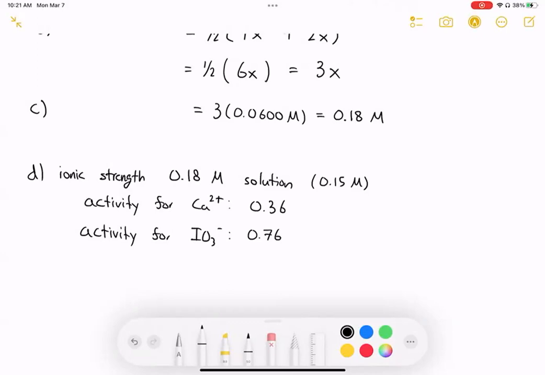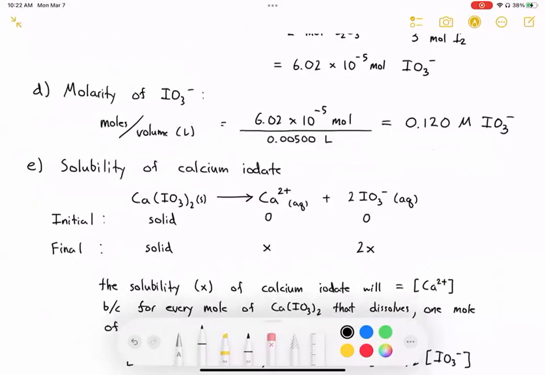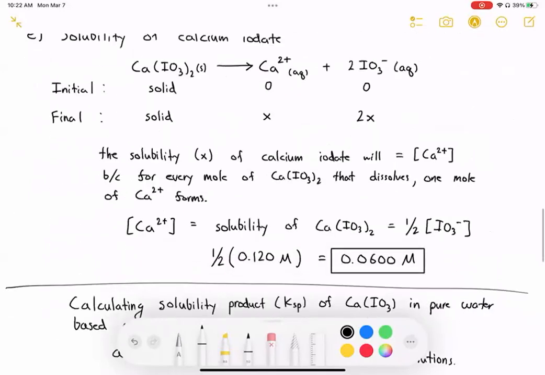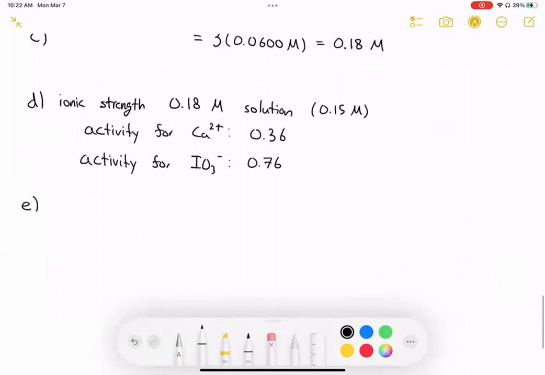So now we have to rewrite. If we look back at the introduction, our activity coefficients, remember our equation we wrote up here, it's going to look something like this, x and 2x. So keep those in mind. Now for part E, we're going to rewrite our equation, our KSP.